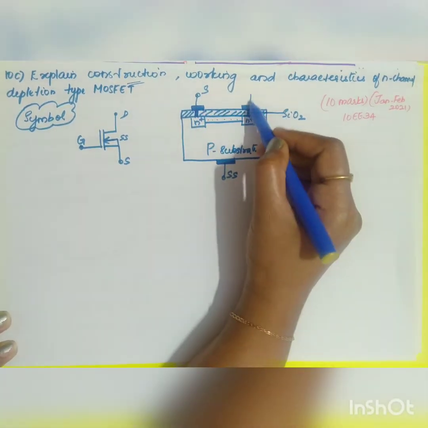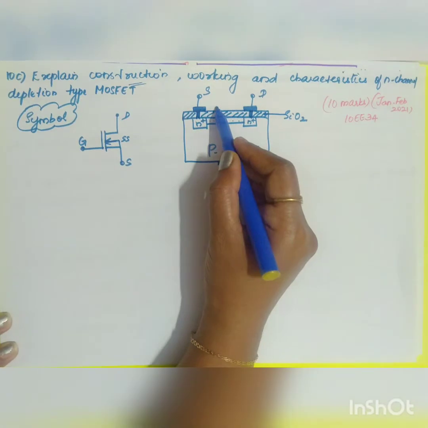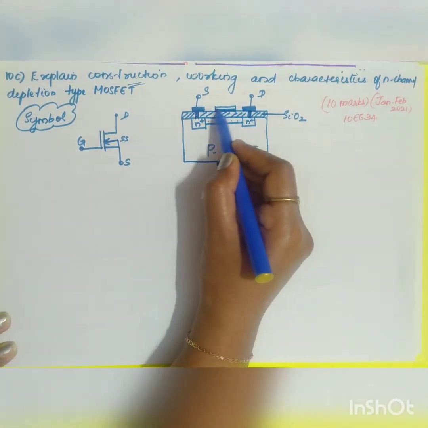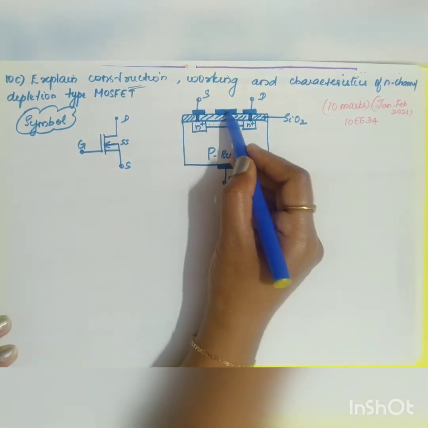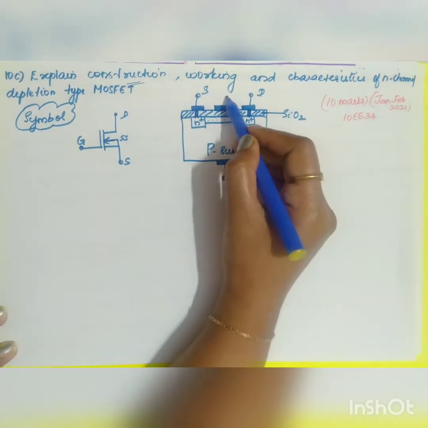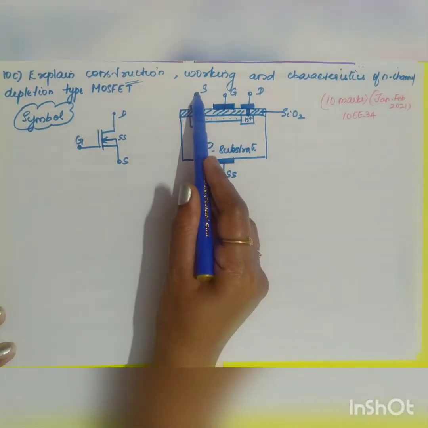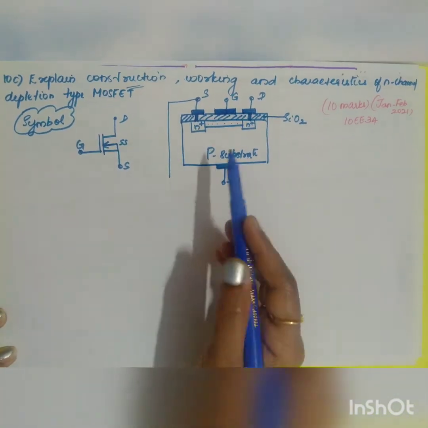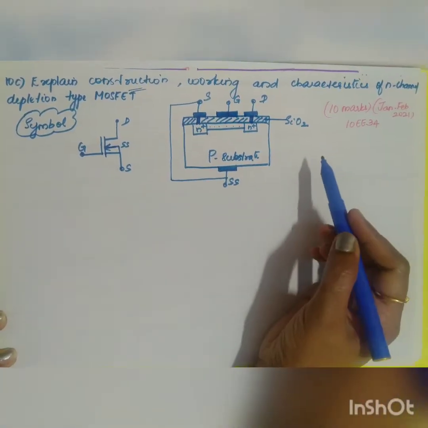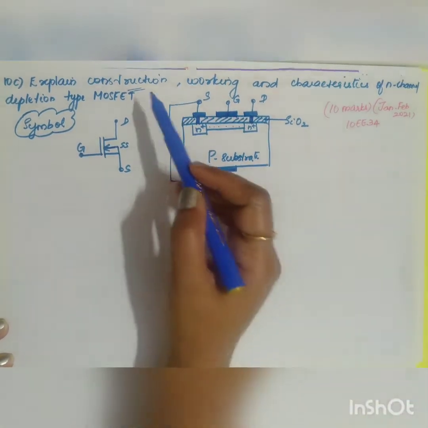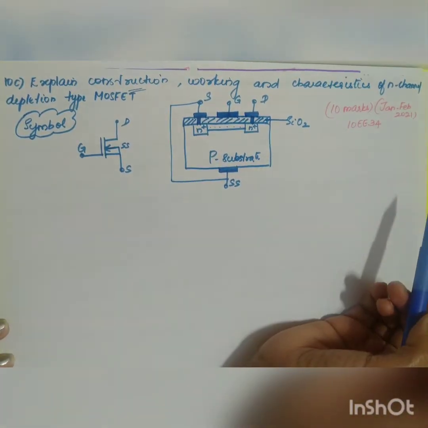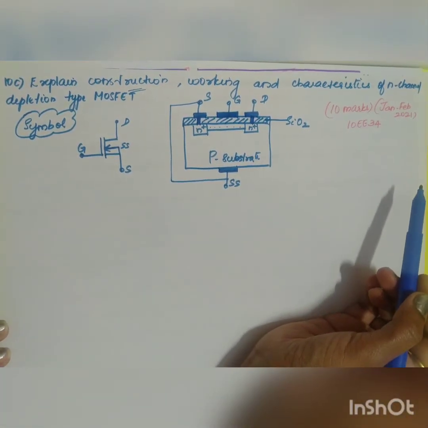One is your source and the other will be your drain. Now the gate is connected directly to the silicon dioxide layer. There is no electrical connection between your channel and your gate. So this will be your construction principle, and the source will be connected to your substrate.